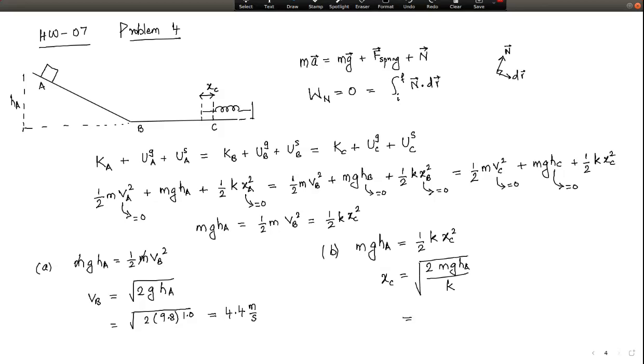That's equal to square root of 2 times the mass m. In part A the mass did not contribute. Now it does contribute. It does depend on the mass as far as compression of the spring goes, and that's 9.8 times 1.0 is the height HA, and K is 2 into 10 raised to 4 in the problem. All these are in SI units, so I don't worry about the units.